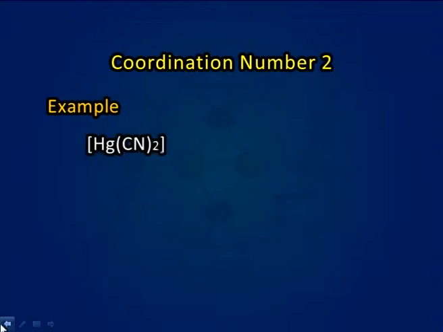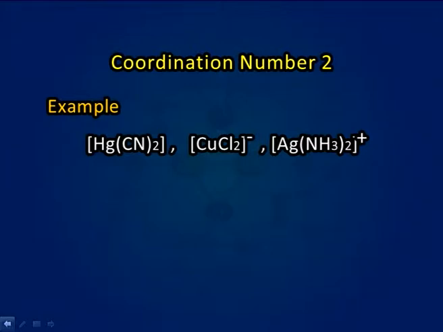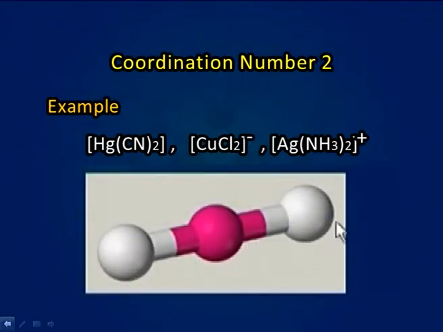Examples for coordination number 2 are Hg(CN)2, CuCl2-, and [Ag(NH3)2]+. For coordination number 2, the structure is linear and the hybridization is sp. In linear structure, the two metal ligand bonds have an angle of 180 degrees.